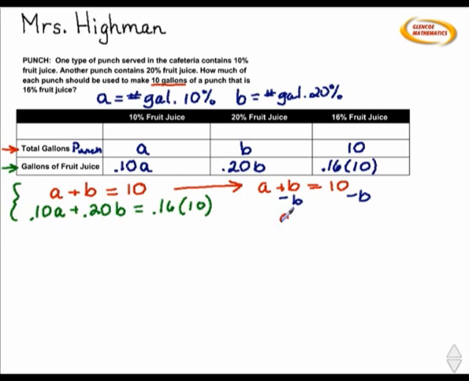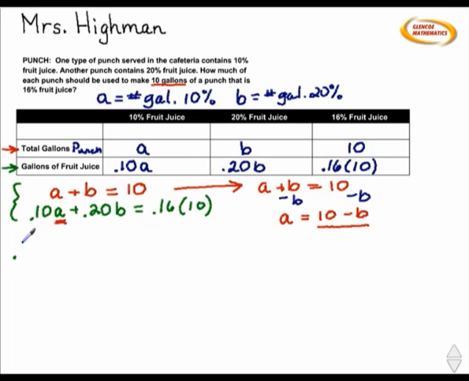That leaves us A is equal to 10 minus B. So now we can take this expression that we just found, 10 minus B, and come back to our second equation, and wherever we have an A, we're going to use 10 minus B.